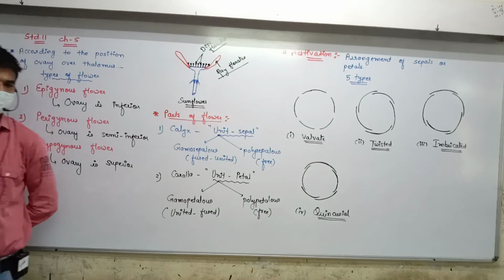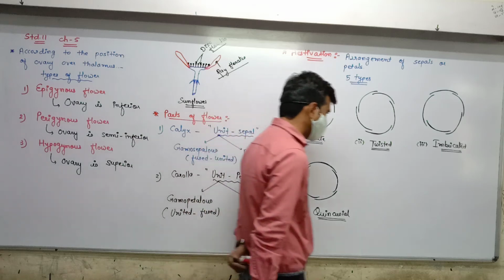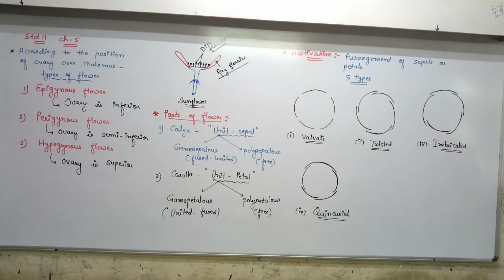Yes, now you know. In twin crucial, two are totally outside. Here in twin crucial this is fixed: only 5 units are there. 2 units are totally outside, 2 units are totally inside, and 1 is just like a twisted.